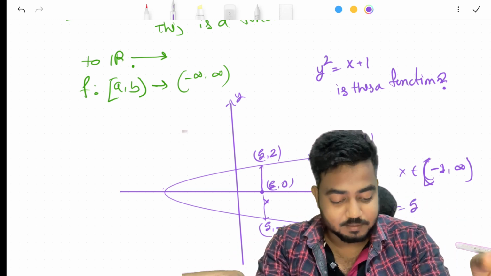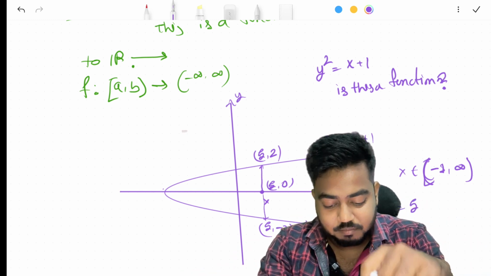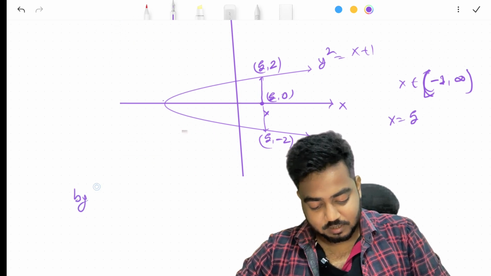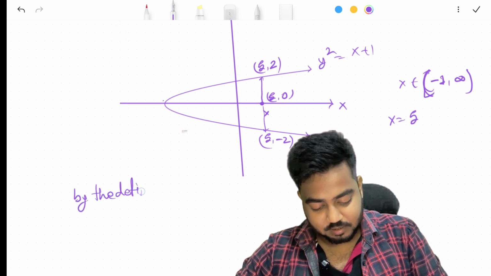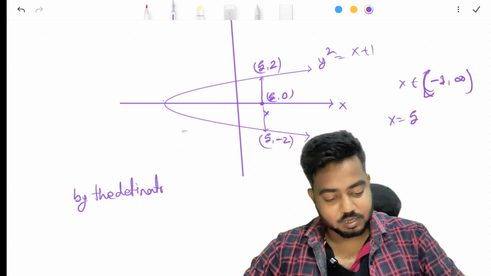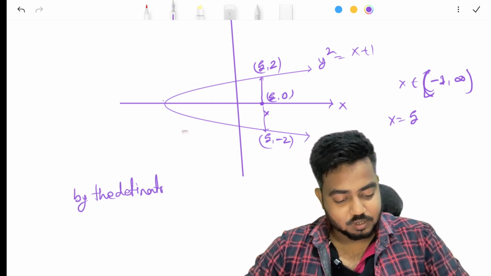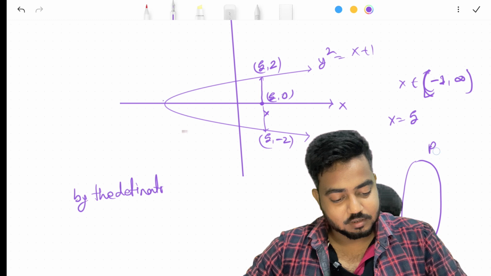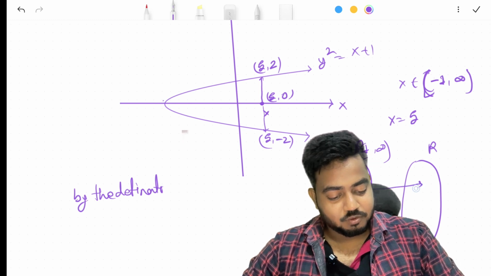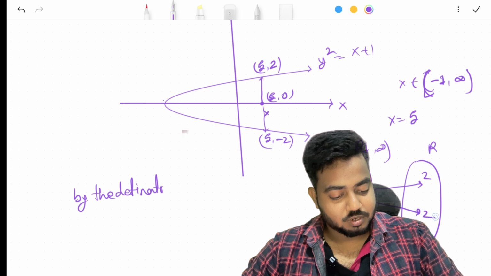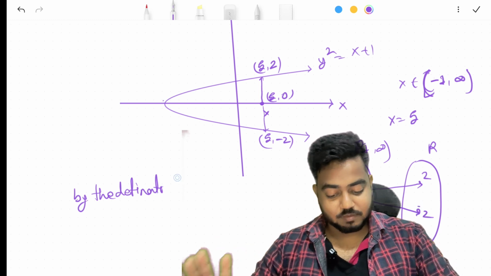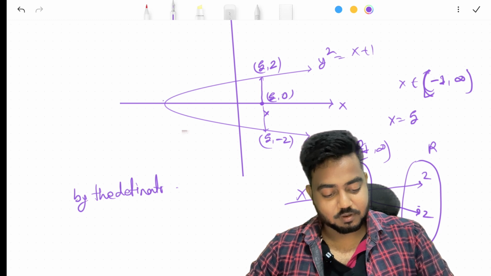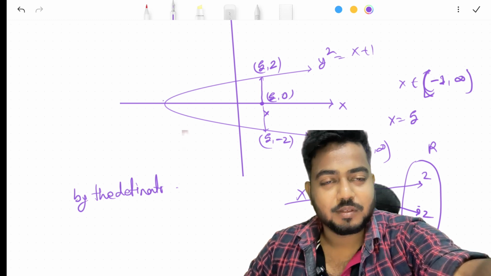It has two images. So 5 is going to two elements, 2 and minus 2. This is not a function. Okay, we can end this class.